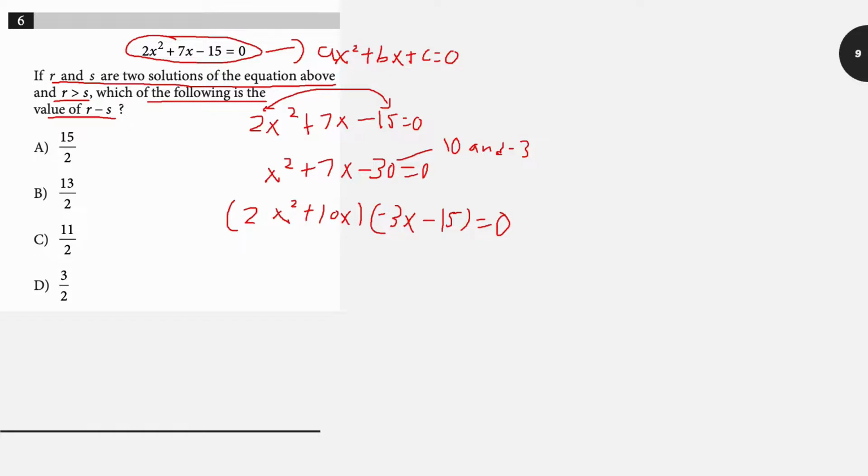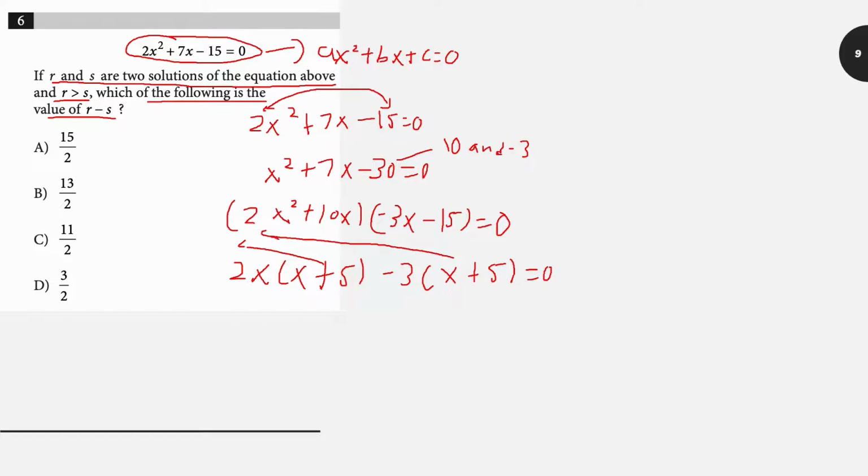Now you want to simplify these two terms. You get 2x parentheses x plus 5 negative 3 parentheses x plus 5 equals 0. You want to bring these two out and get x plus 5 times 2x minus 3 equals 0.